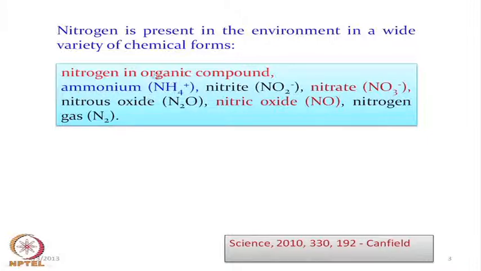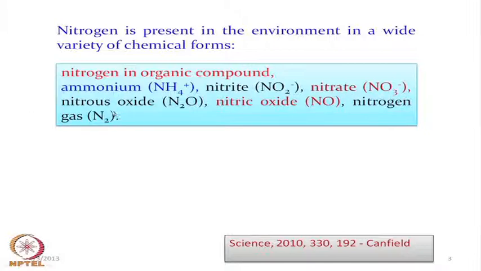Then through the formation of ammonia we get the ammonium ion. Then we can have the nitrite. So, the conversion of ammonium ion to the nitrite ion, which is then oxidized to nitrate ion. That means we have plenty of oxygen in the air, and if that oxygen is utilized for the oxidation of the nitrite anion, we get the equivalent amount of nitrates.